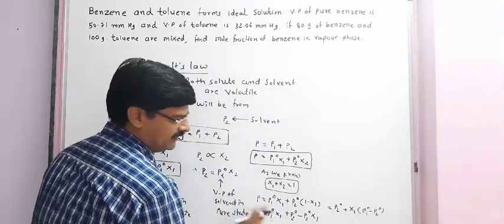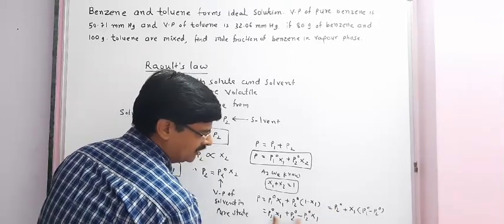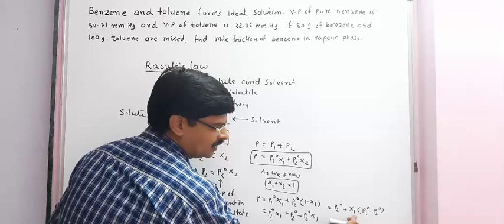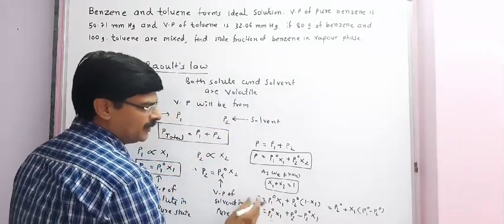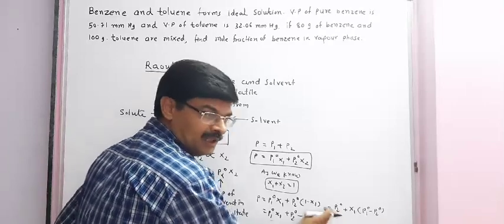Once more, P is equal to P2 naught plus X1 times P1 naught minus P2 naught. This way we can find out the total pressure by utilizing this formula.